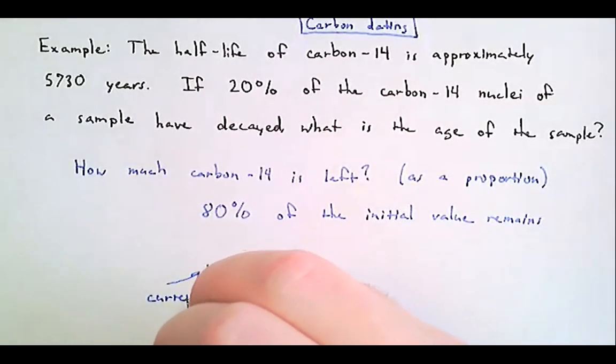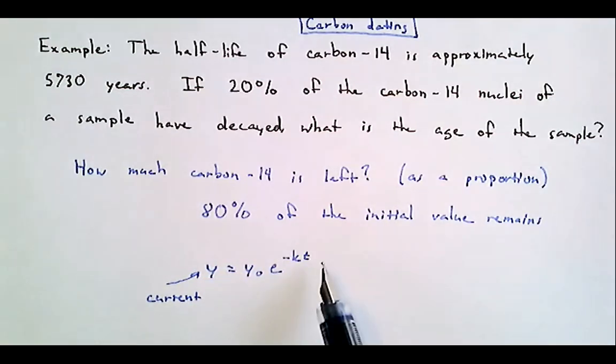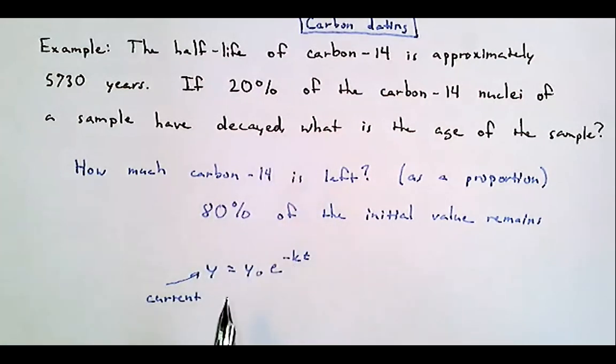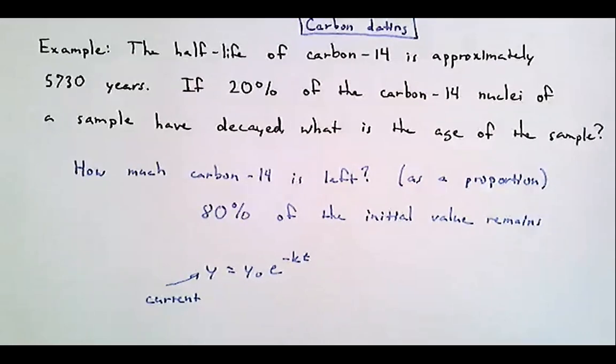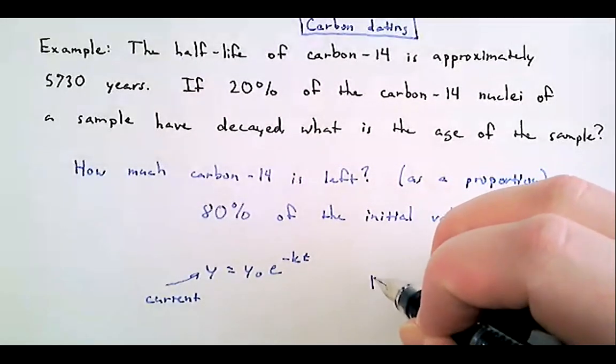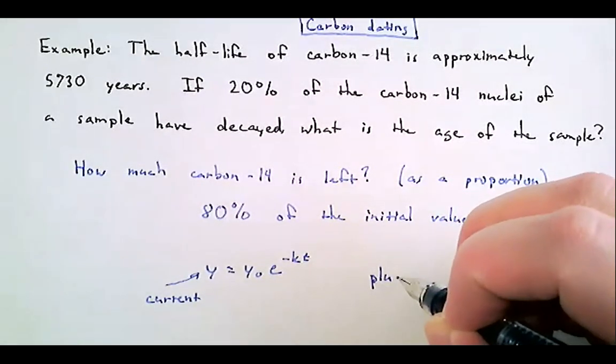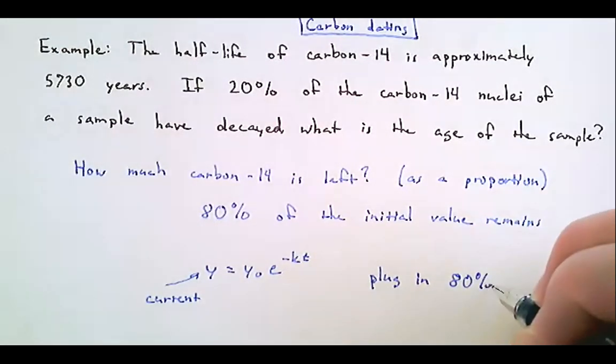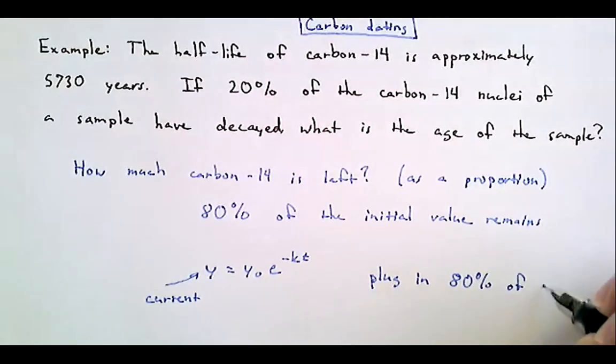So if we're going to solve for the amount of time, we have to figure out how long it takes, t, for there to be 80% of our initial value to remain. So we're going to plug in 80% of y0, the initial value.